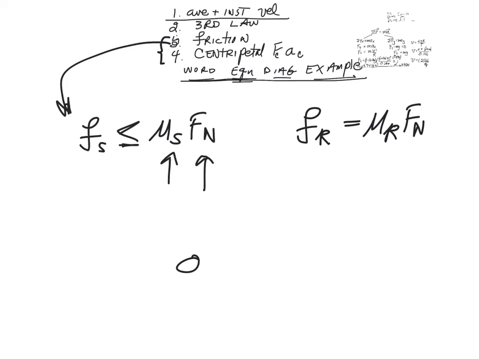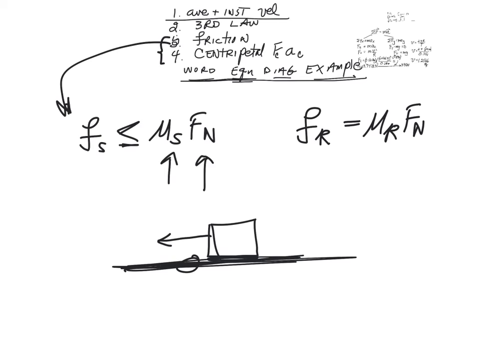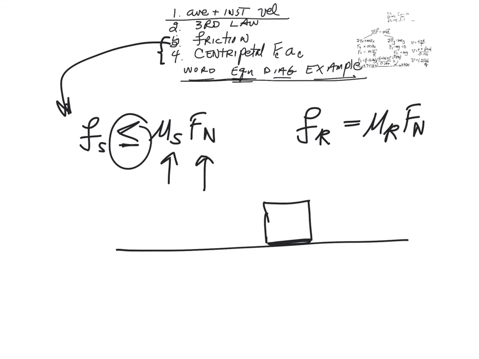So if you have a block on a surface and you want to pull it, there'll be an opposing friction force. Here's a good example of this less than or equal to. So a crate is sitting on the ground, nothing's happening.